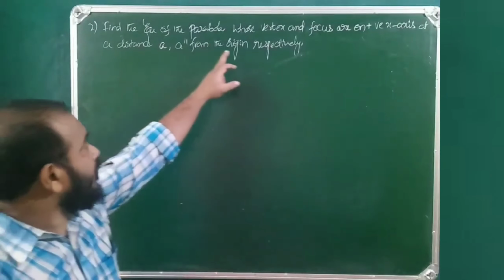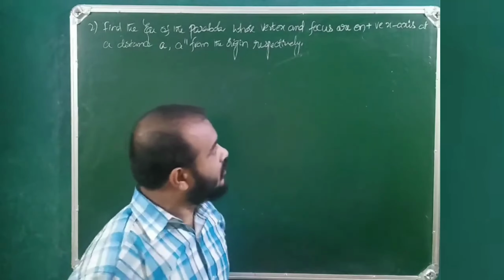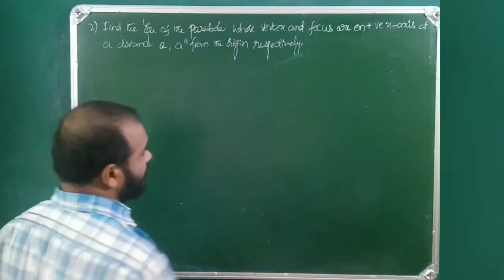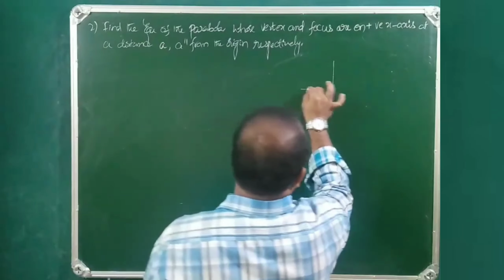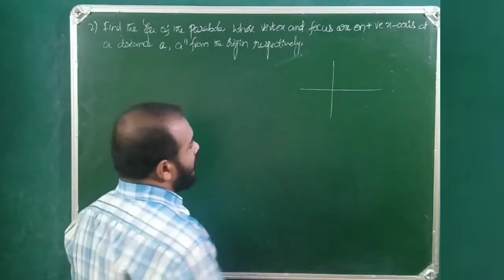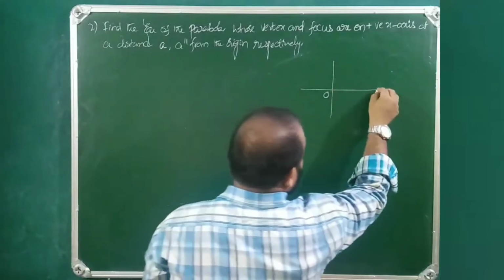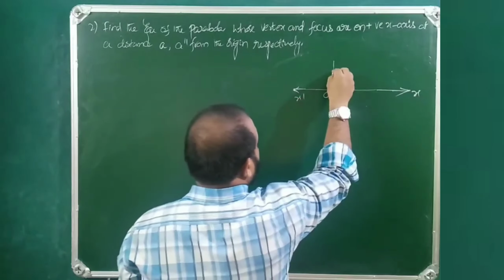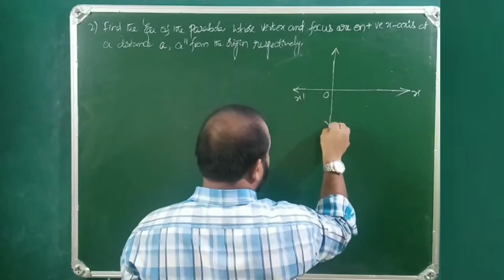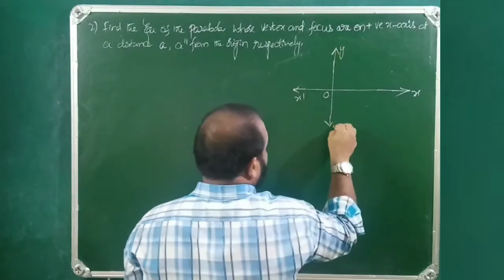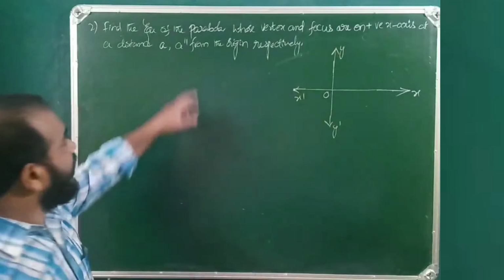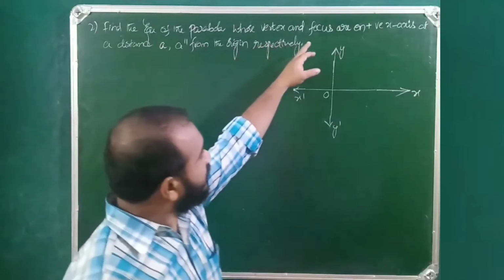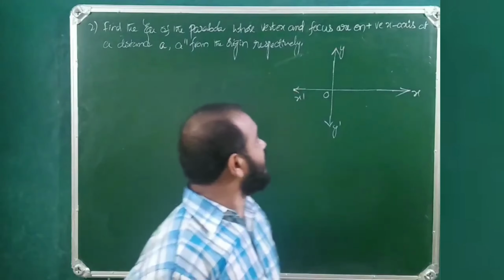Find the equation of the parabola whose vertex and focus are on the positive x-axis. Let us suppose that this is the coordinate axes with this being the origin, X'X and Y'Y.